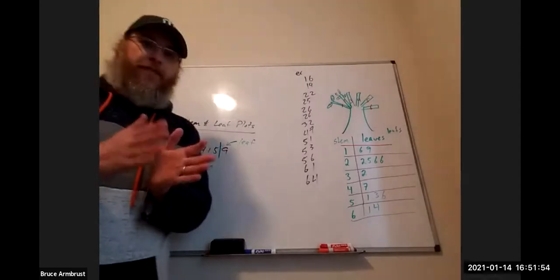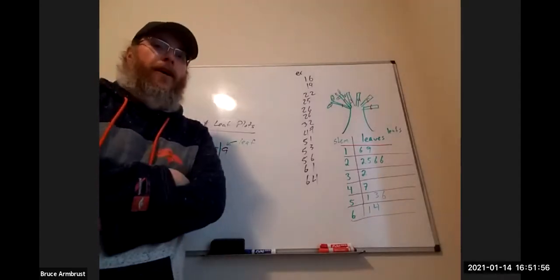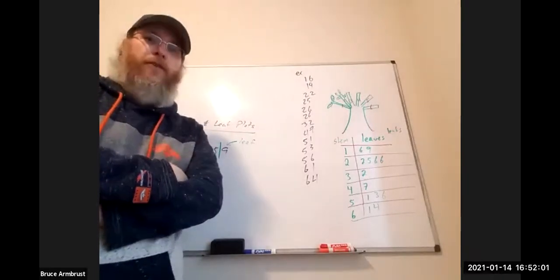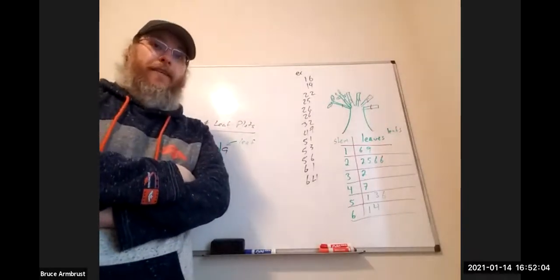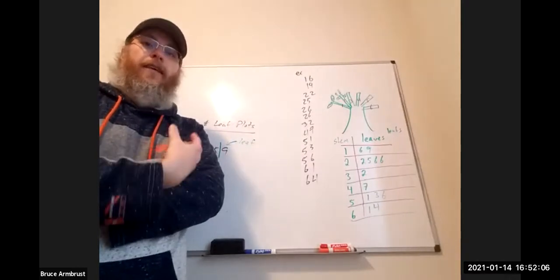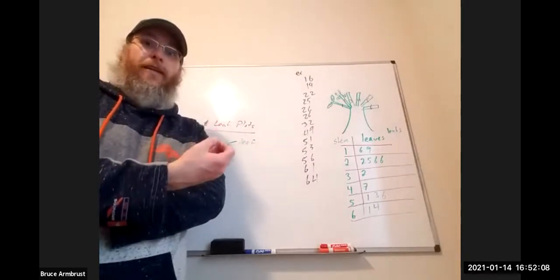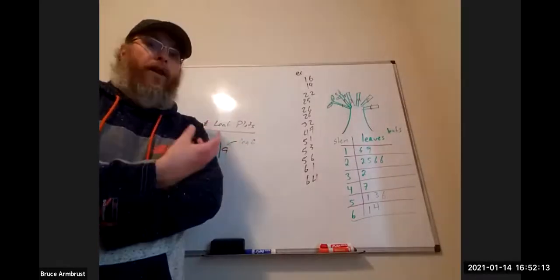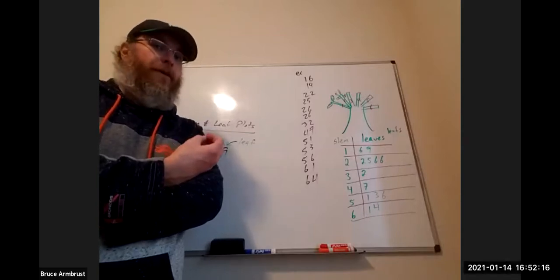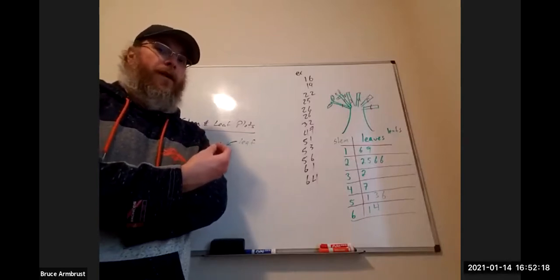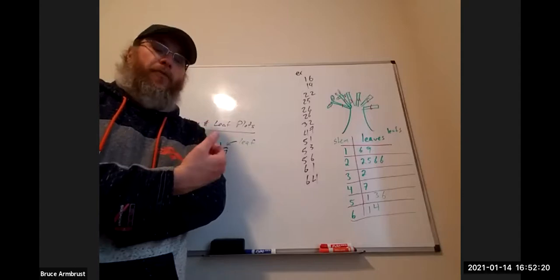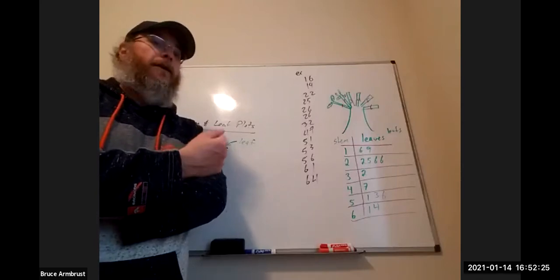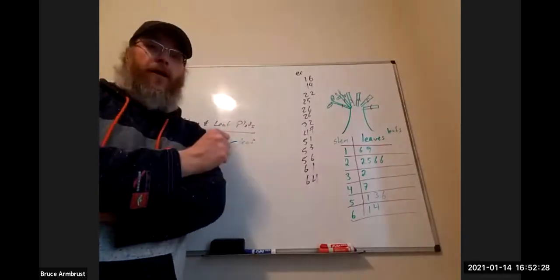So let me talk just for a second about project 1. Remember, we've got that first project that's a couple of weeks away before being due. But one of the big things in this project is giving your information and showing it in charts and data. So when you collect your data, and it's going to be quantitative, right? I asked for quantitative data. You're going to need to provide charts. So you're going to want to make a box and whisker plot. You're going to want to make a stem and leaf plot.